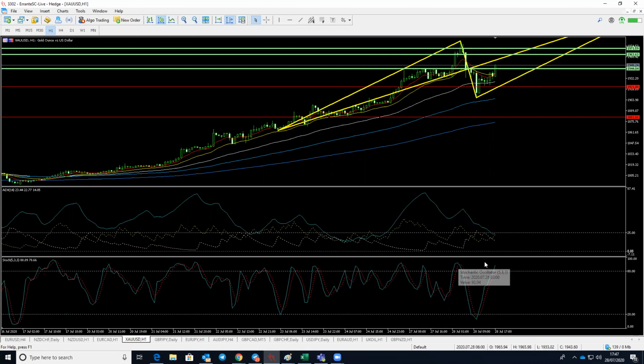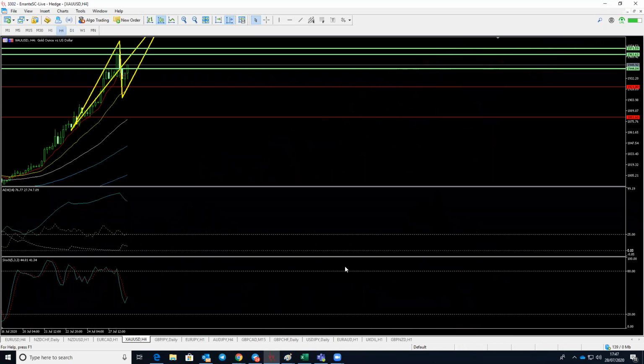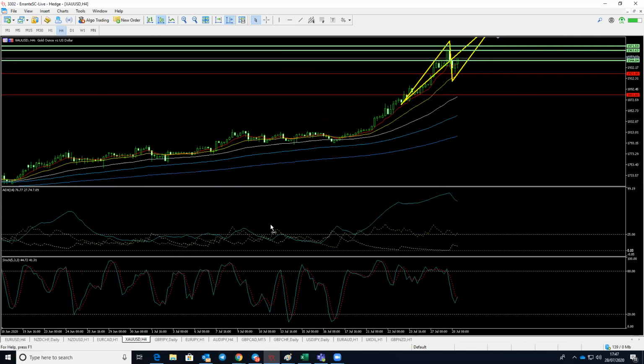It's not very far down, you see. So if that becomes at the same level right there, I think we are expecting a little bit of a reversal. So if you are buying, make sure you are actually exiting at least at the 1960 area. Okay, just in case, because it might actually have the reversal happening quite soon.